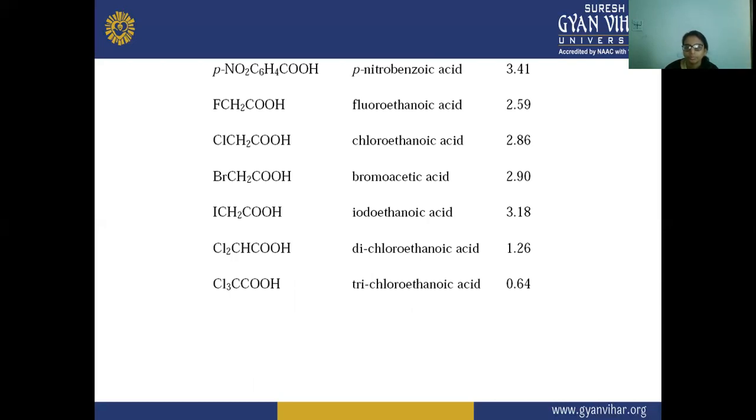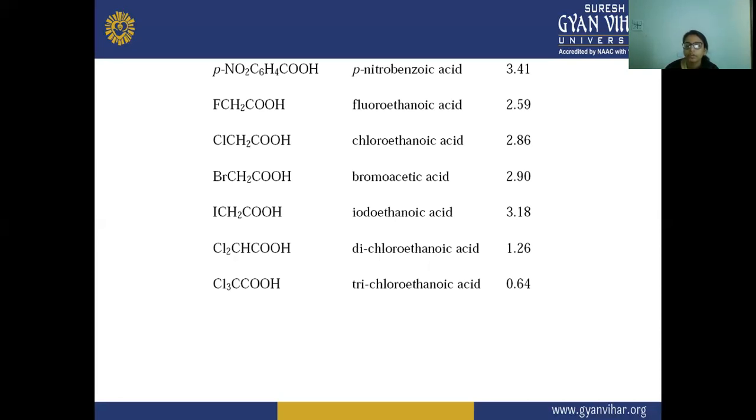Next, fluorine is attached to this aliphatic carboxylic acid, and fluorine is an electron withdrawing group, and it is having a pK of 2.59. In case of chloroethanoic acid, it is 2.86. Next is bromoacetic acid, which is 2.90. Next, iodoethanoic acid, having 3.18. Next, dichloroethanoic acid, having 1.26.